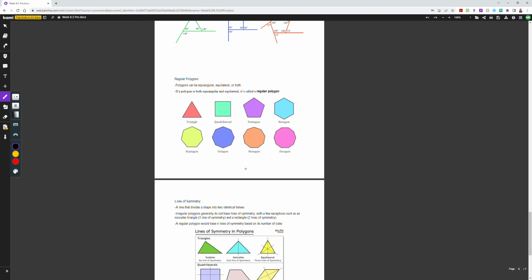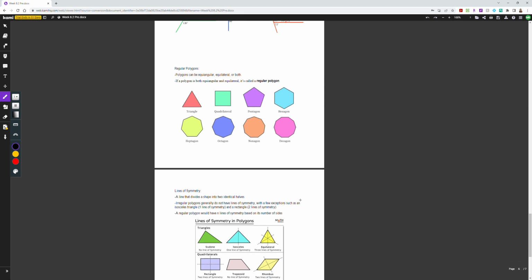So the smallest you can go for a polygon is a triangle. So tri means 3, quad means 4, penta means 5, hex means 6, hepta means 7, octa means 8, nona means 9, and deca means 10. So as long as you remember these shapes and what their prefixes stand for, it'll be really helpful to know how many sides they have.